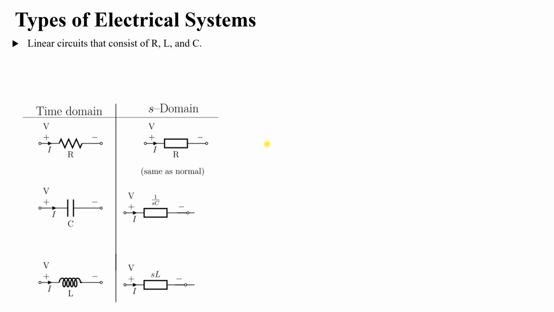Now let's look at the second case here. We know that the current in the capacitance is I equal to C dV by dt, right? So this is the equation of current in the time domain. Can you convert this equation into the frequency domain?